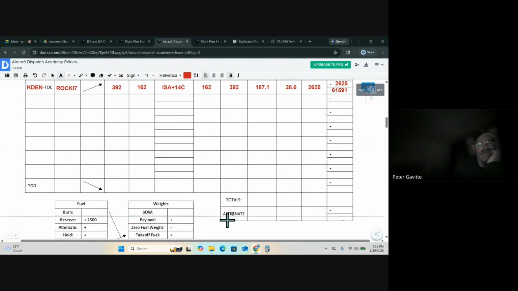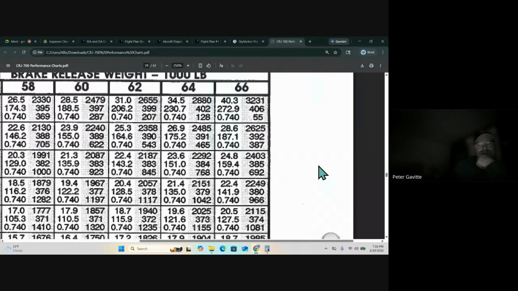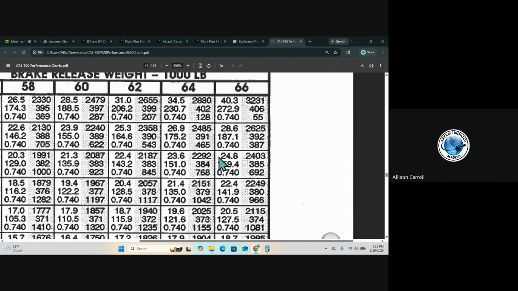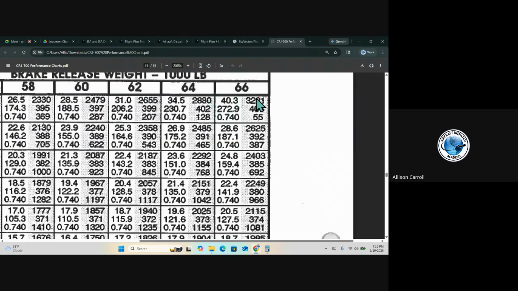Hey, Allison, sorry. I understand you're getting the distance number 187.1 off of that form you were just on, but how do you derive that number? What's that coming from, 187.1? This is the performance chart that we have from the manufacturer for this aircraft. It's 187 miles from where to where, though? From Denver, or from this specific, that we're looking at this.